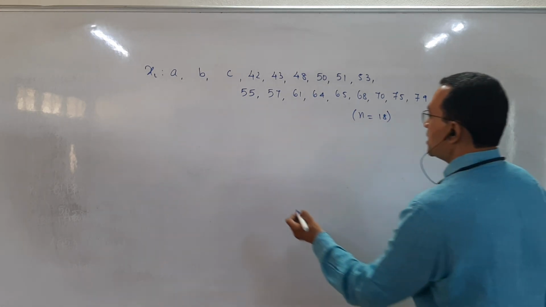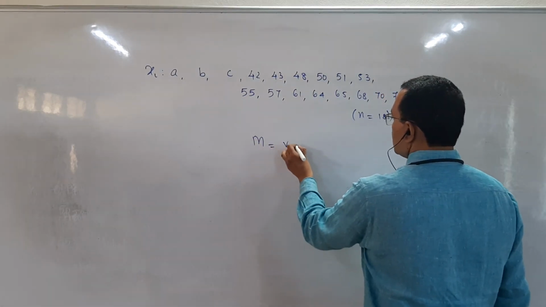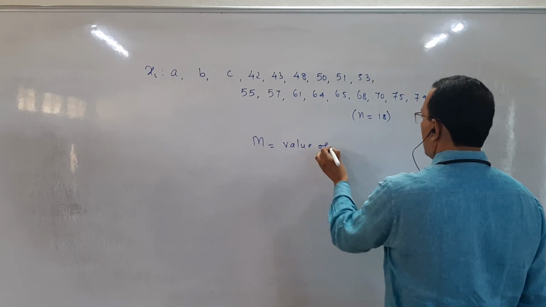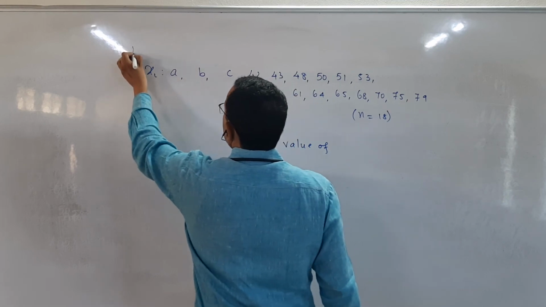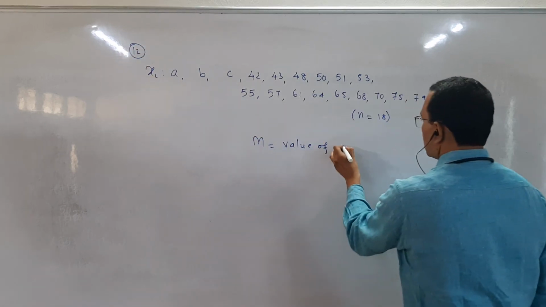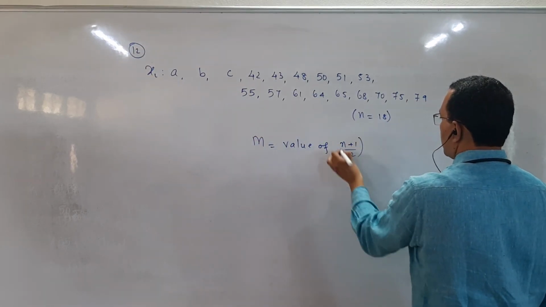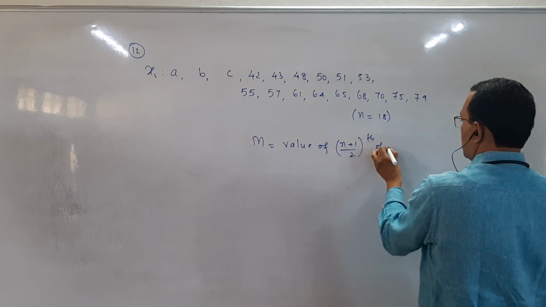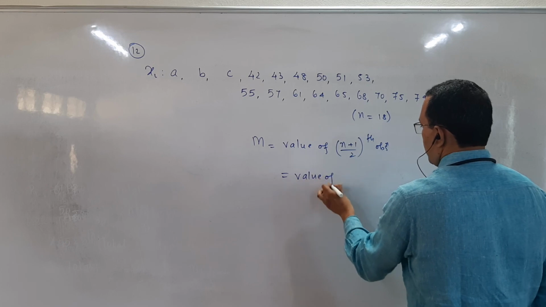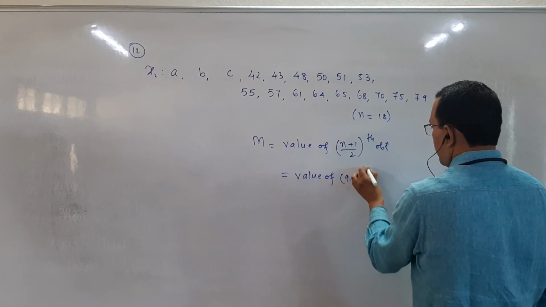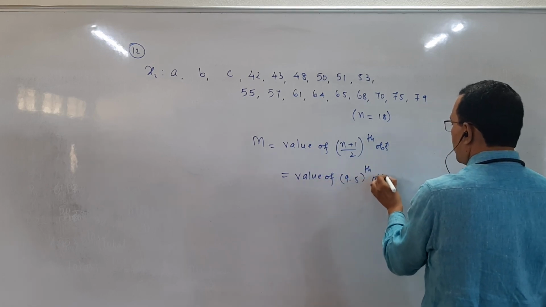Now students, this is sum number 12. Median M is equal to value of (n plus 1) by 2th observation. So n is 18, 18 plus 1 is 19, divided by 2 is 9.5.